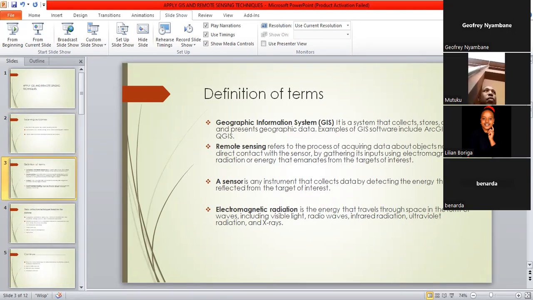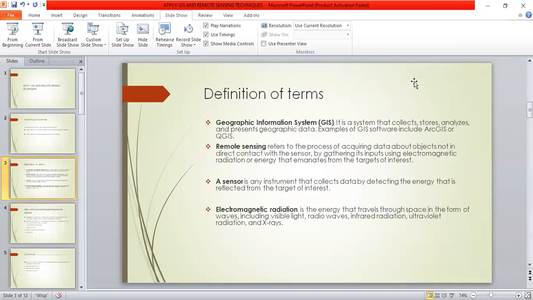This is what we have just defined, and the responses that you have given are the correct responses. I want to thank you for giving those responses. I'm not going to add anything because that is the correct definition that you have just given.